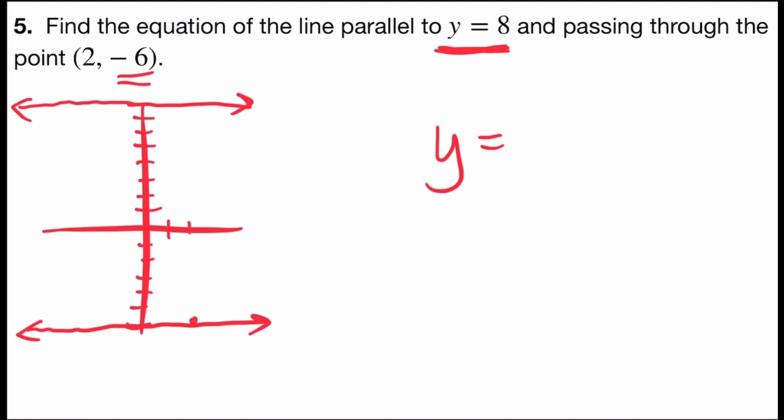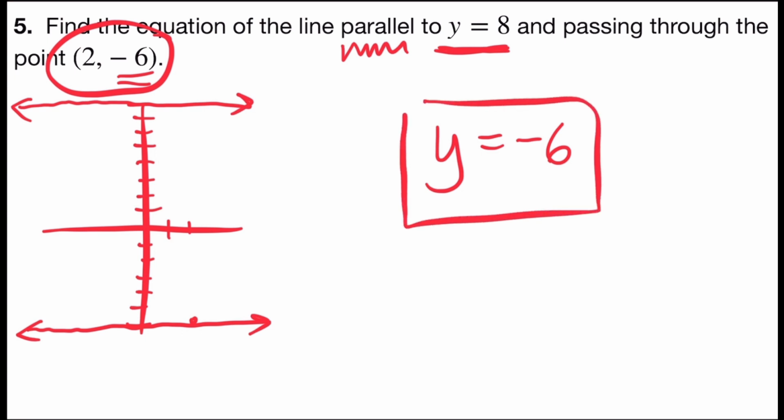So a line parallel to y equals 8 passing through the given point would be y equals negative 6. So the easy way to do these problems is if you see parallel to and it's a horizontal or vertical line, all you have to do is write the same equation with the same coordinate. In this case, y equals negative 6.